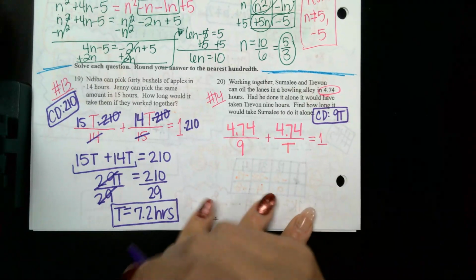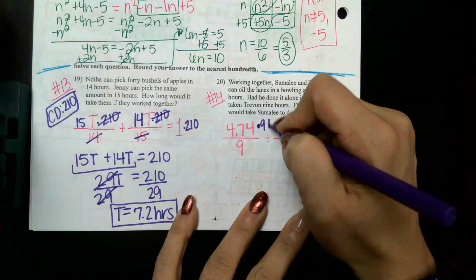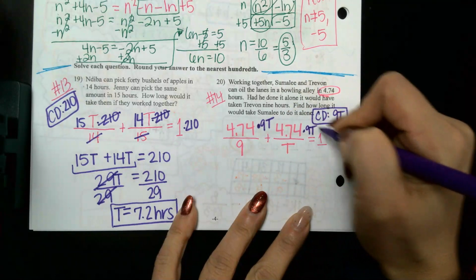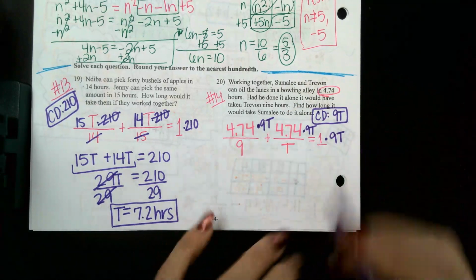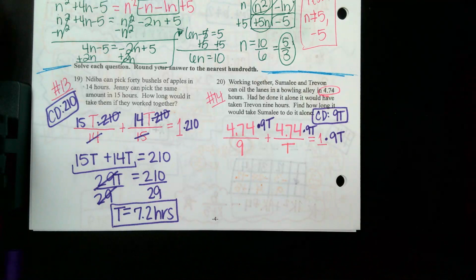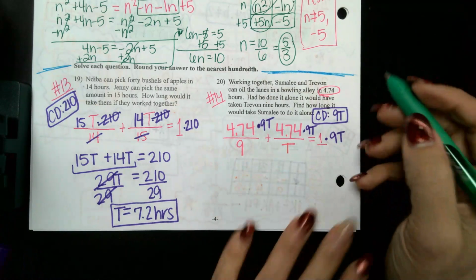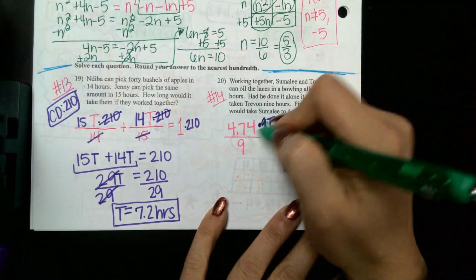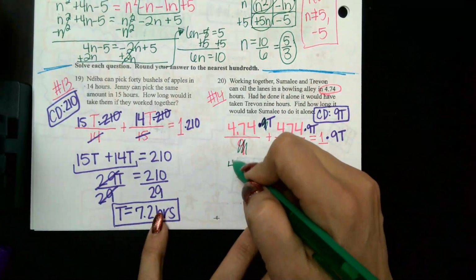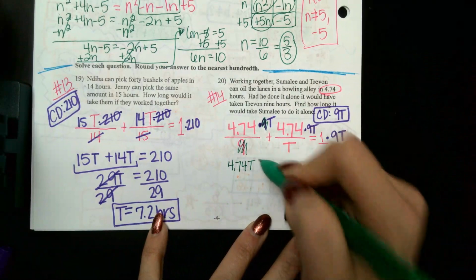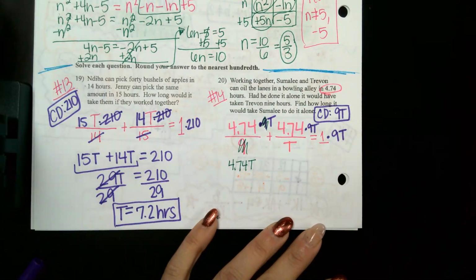And just like before, we're going to multiply every piece by that 9t, because then stuff will cancel. We get the 9's here to cancel, leaving behind 4.74t.